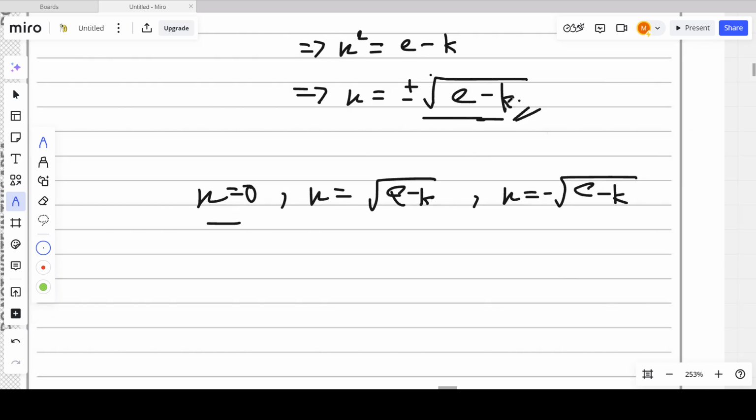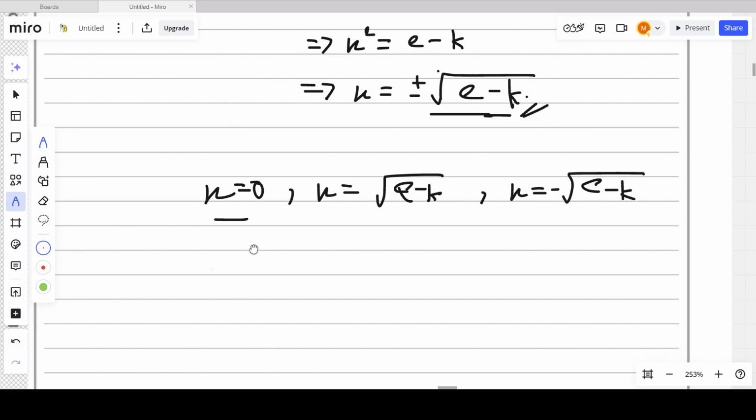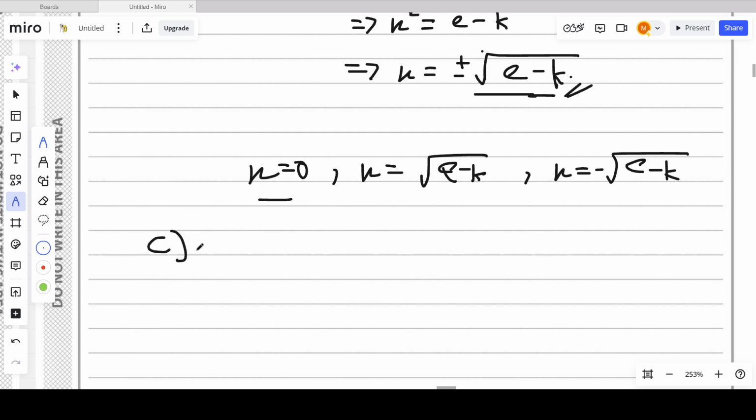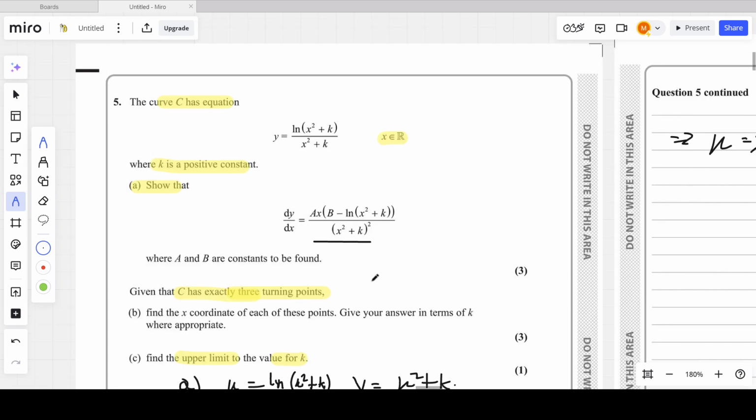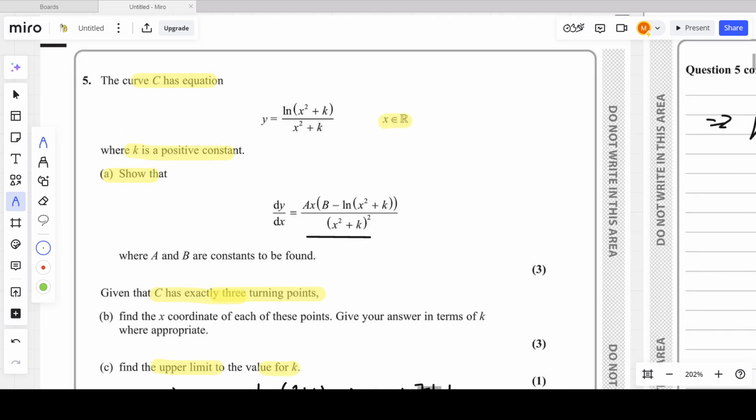So the value of k can never be greater than e, because then within the square root you will have a negative value, which will make the x coordinate of the turning point undefined. So the upper limit for the value of k is e, just k equals e. That is the answer for part C, and that is the end of question number 5.